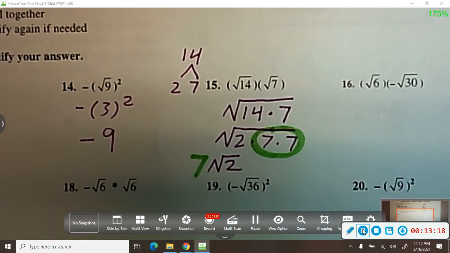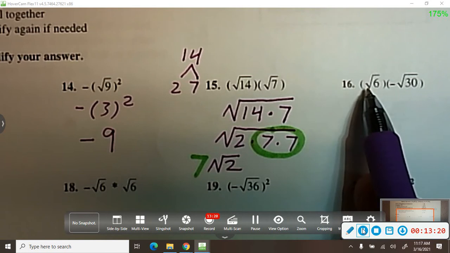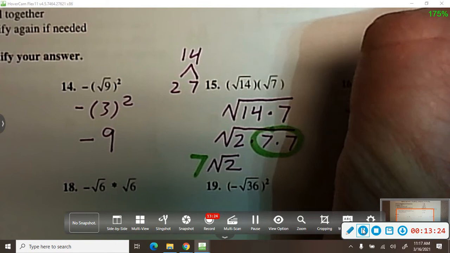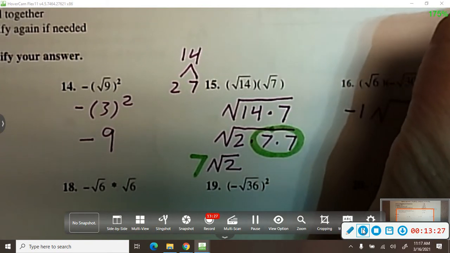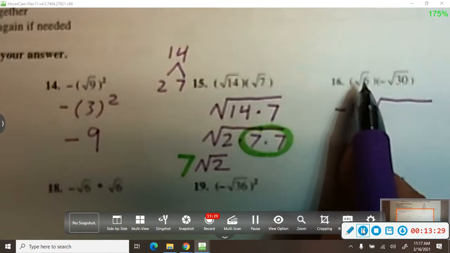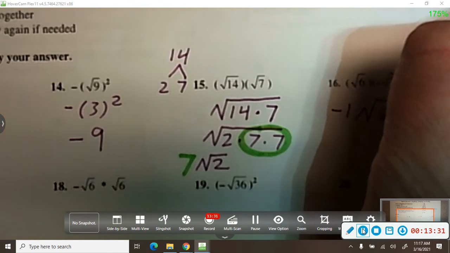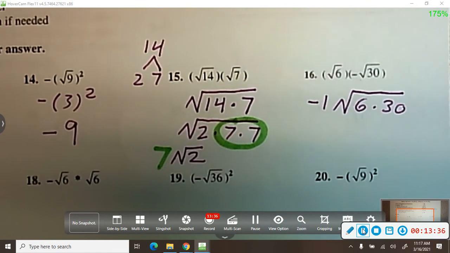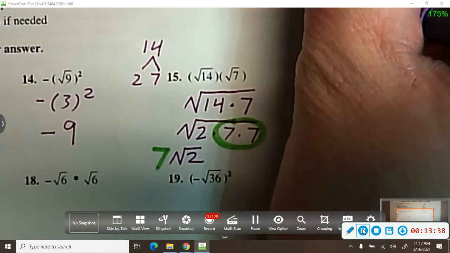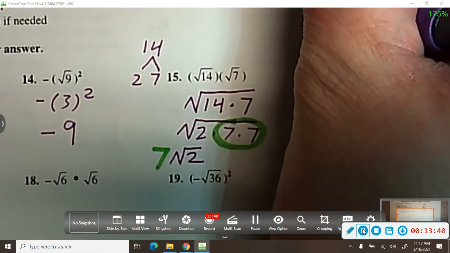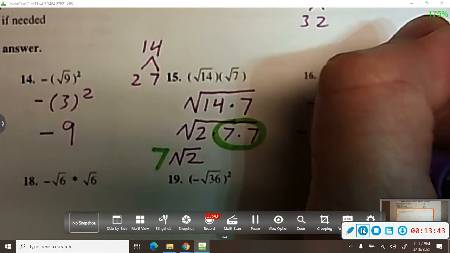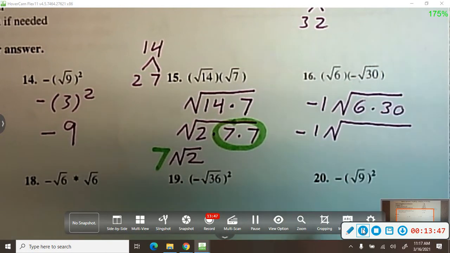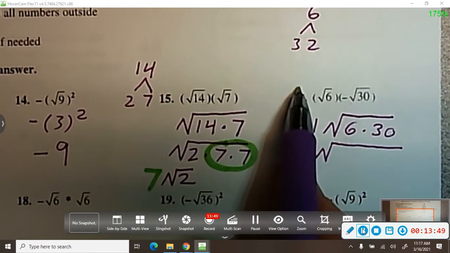Number 16. I can combine these. I got +1 times -1 would be -1. And then I'm going to leave this as 6 times 30. And if you think about 6, 6 is 3 times 2. So I'll change that. And to put them in order, I'm just going to leave it here for now.